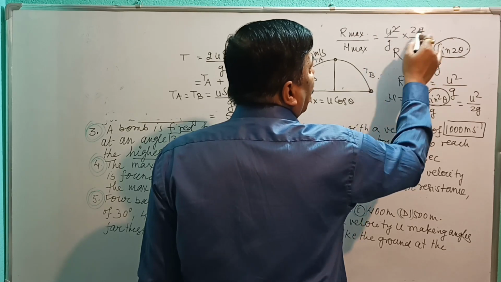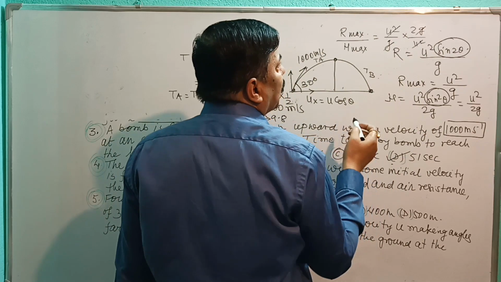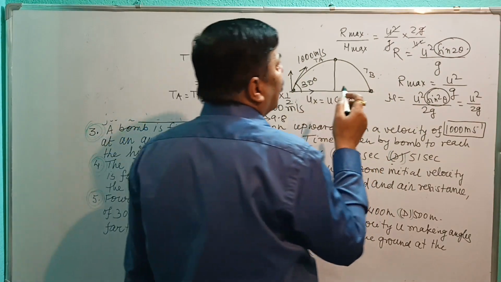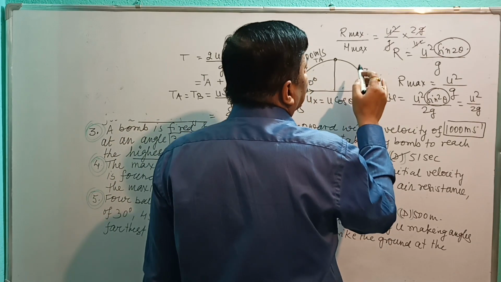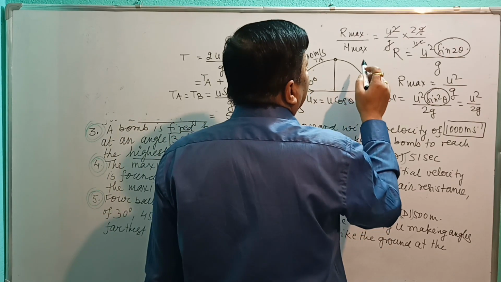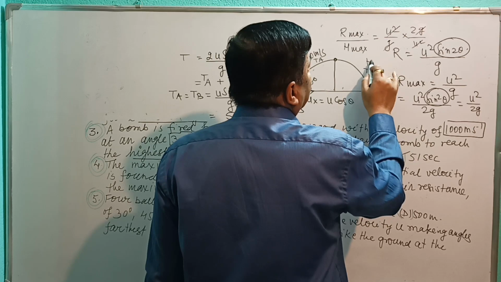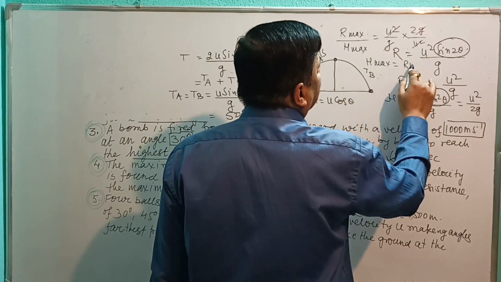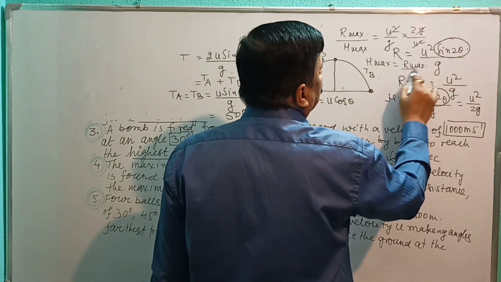So this will cancel, this will cancel. So what are we getting? We are getting H max is equal to R max by 2.